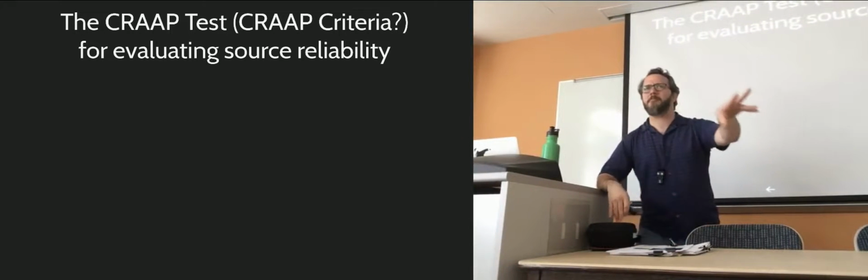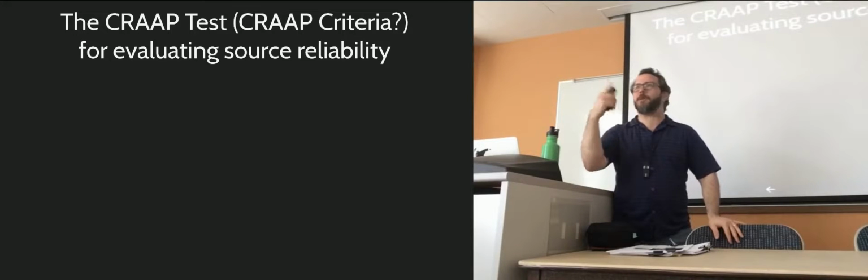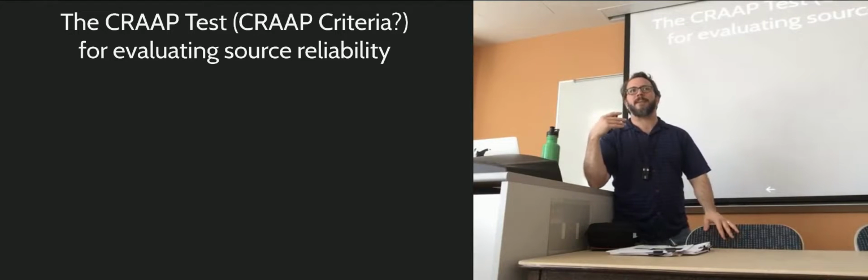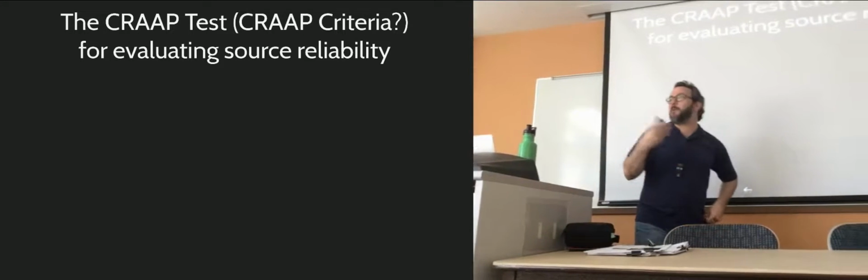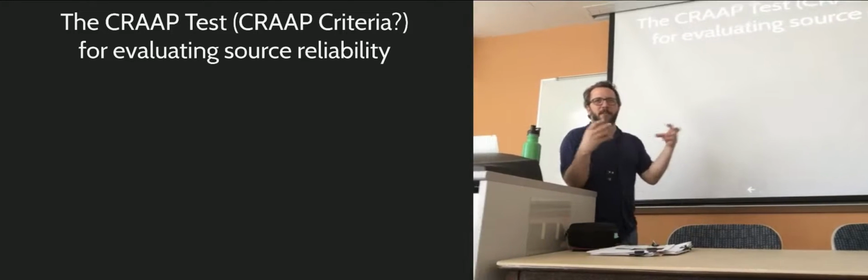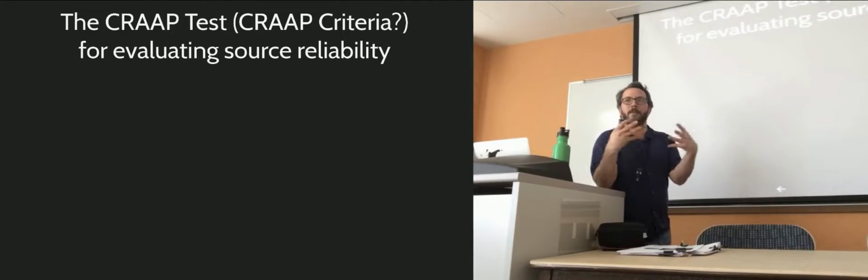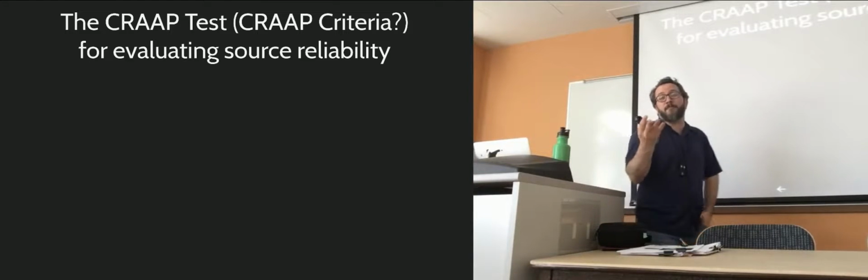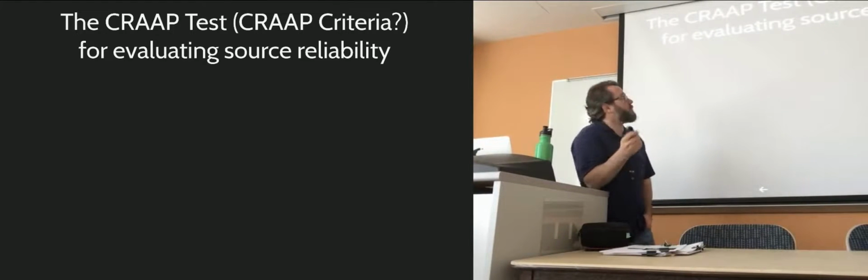Just to refresh our memory, we might end up in a situation where reasonable people might disagree about whether something is a good or reliable source or not, just because the complexity of these criteria and the way they interact with one another is difficult to parse. There's room for discussion.